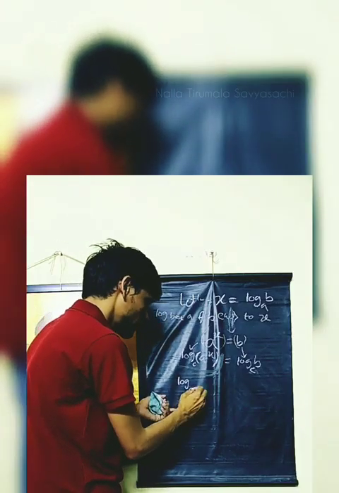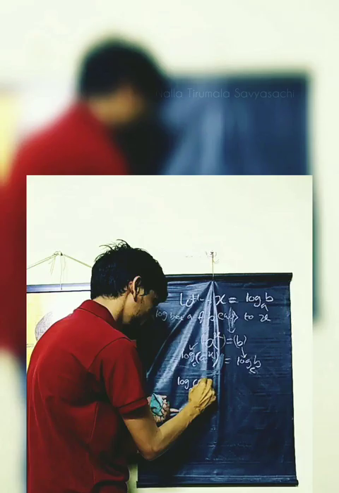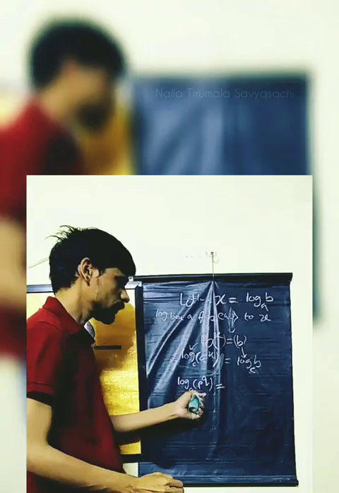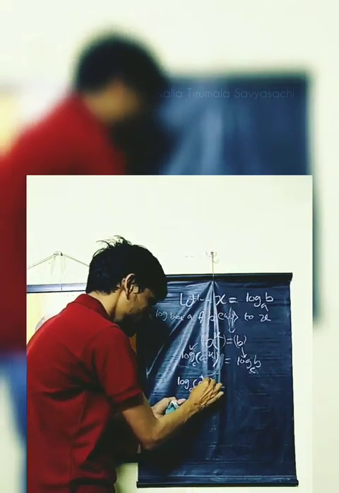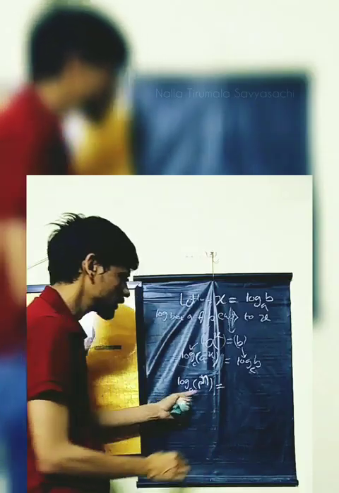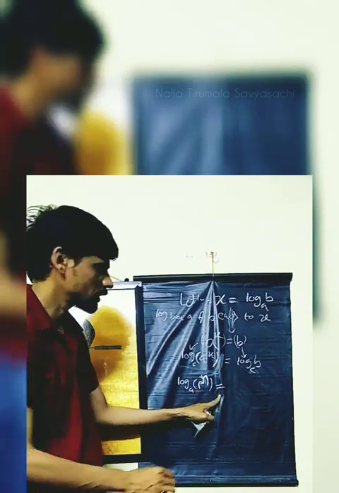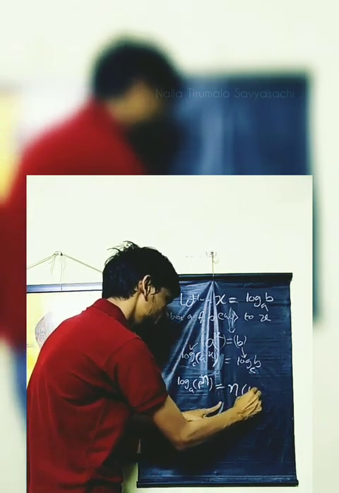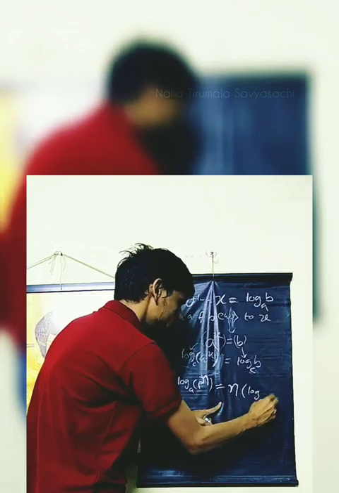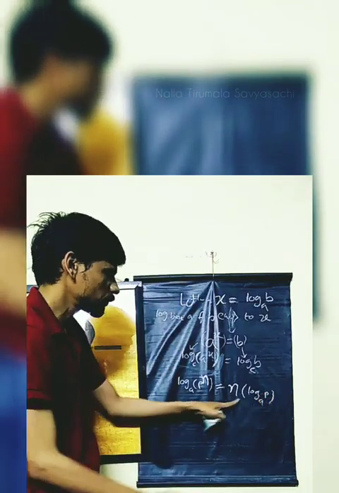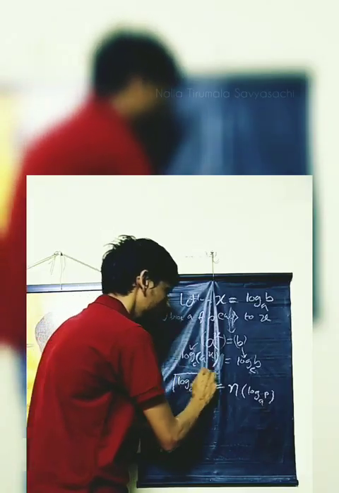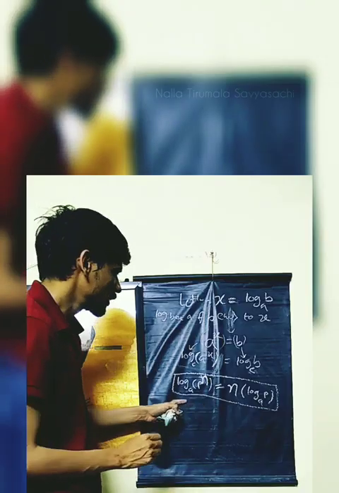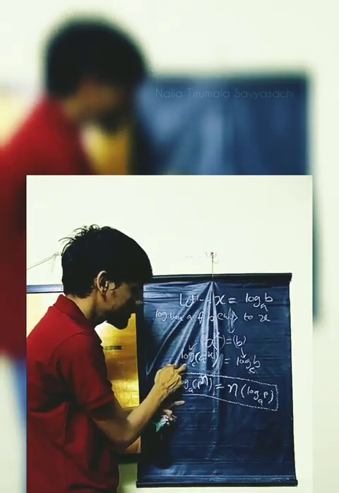Whenever we have log a of p power n, we can translate it using that law into n multiplied by log base a of p. We used n last time, but we can use anything. We learned this in the last session. In the same way we can translate this expression.